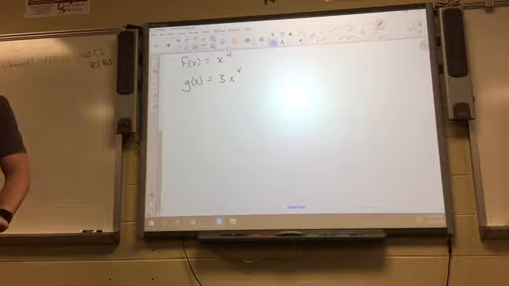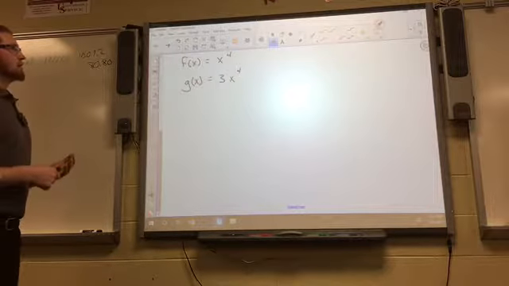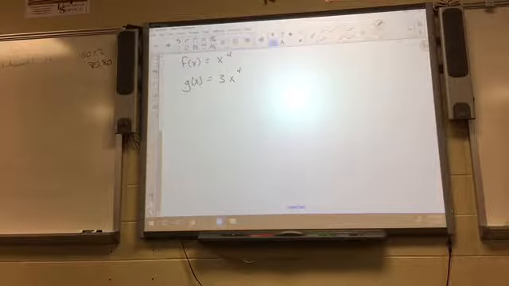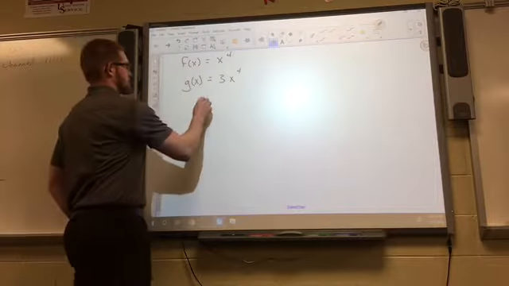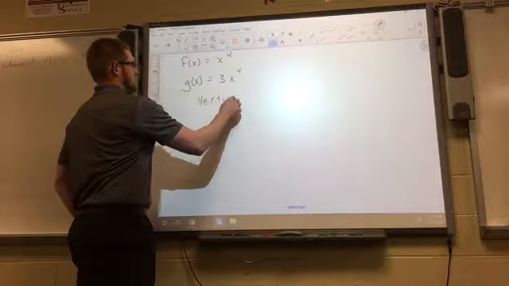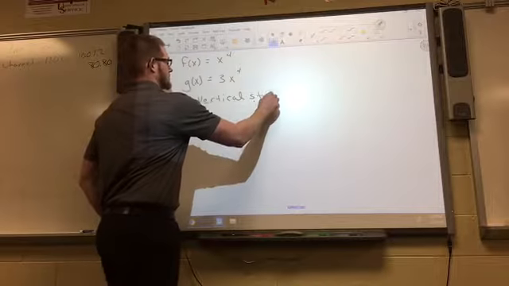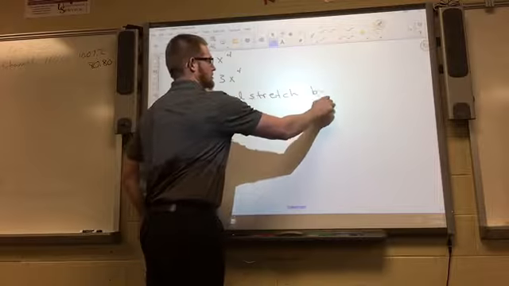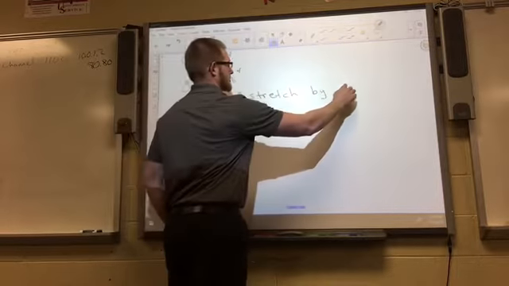Vertical. And since the factor, or a, is 3, is it a stretch or a shrink? It is a stretch. So we would say this is a vertical stretch by a factor of 3.